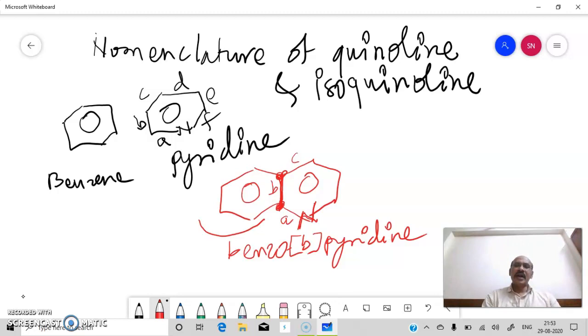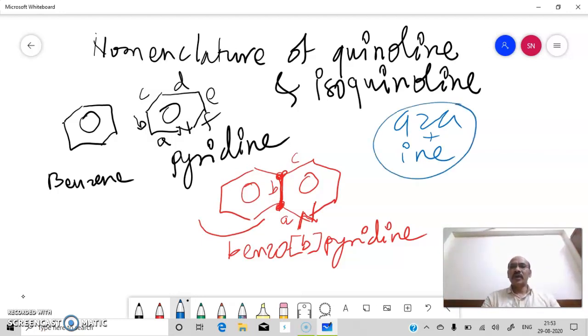But nitrogen in heterocycle is called aza, and a 6-membered nitrogen heterocyclic ring is called INE. So aza plus INE together is called azine.